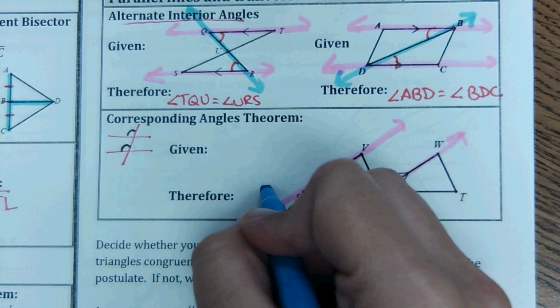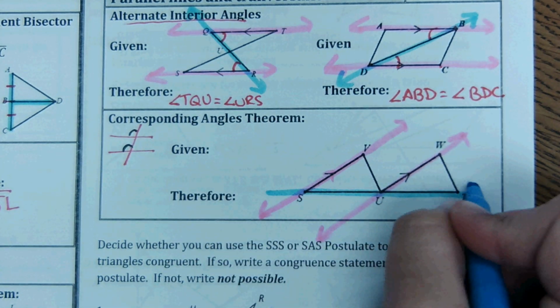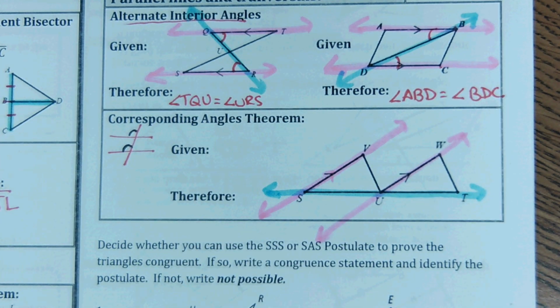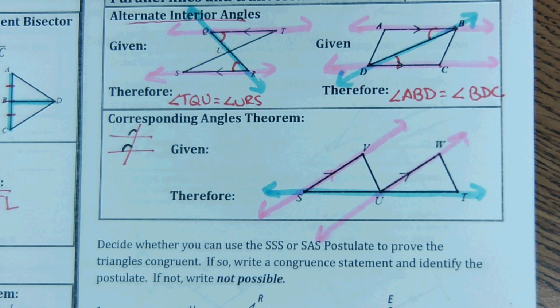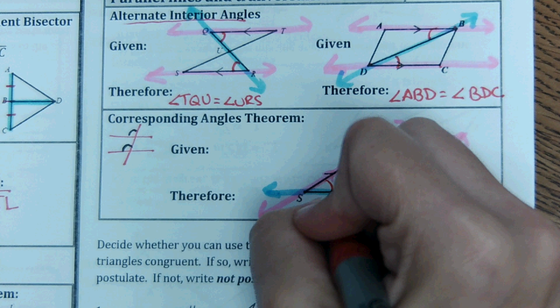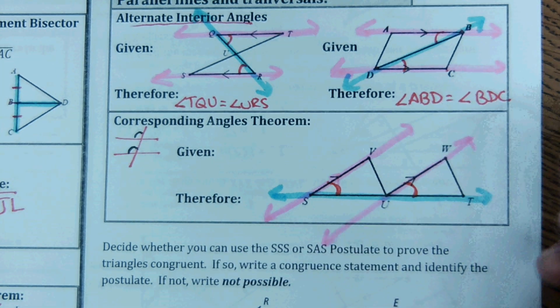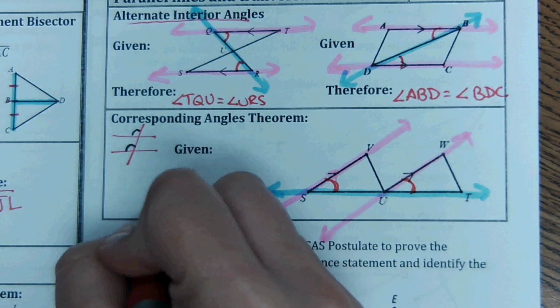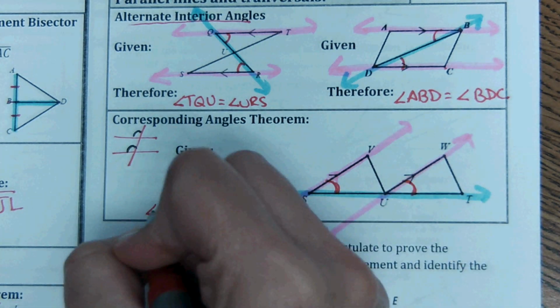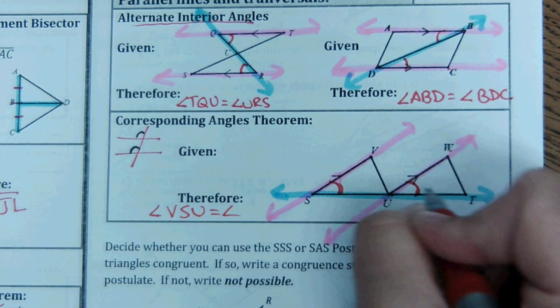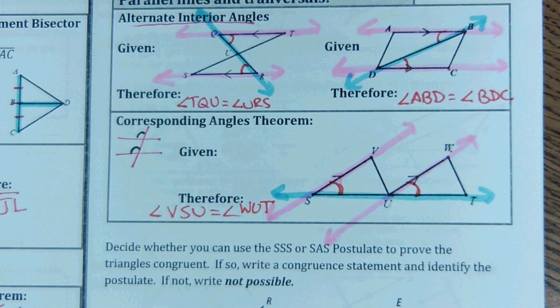And then this would then be a transversal. And then as far as corresponding angles go, this angle then corresponds with this one, and we can prove that those angles are equal. So angle VSU is equal to angle WUT.